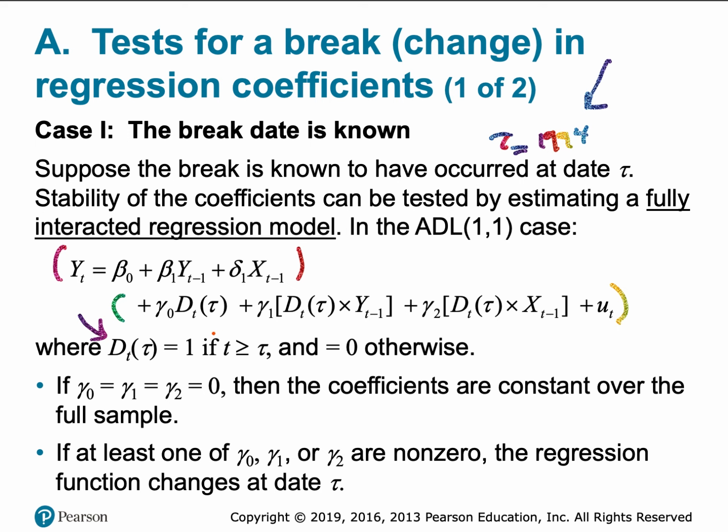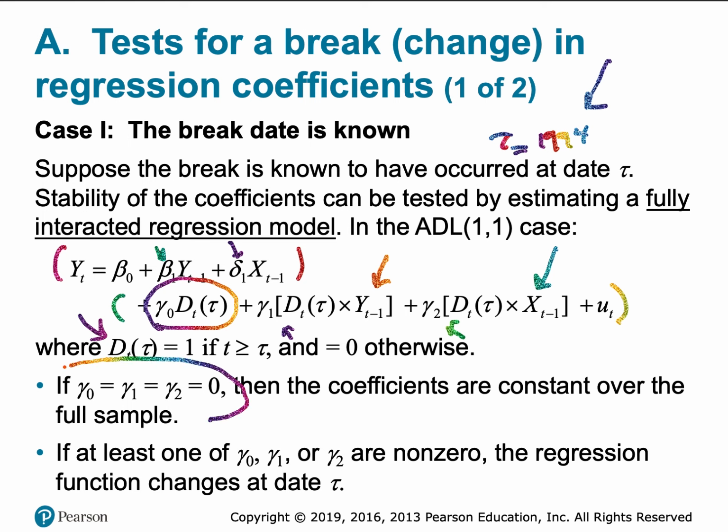So we're going to interact the dummy. We'll have a dummy by itself. We interact the dummy with y_{t-1}, and we interact the dummy with x_{t-1} to see how those coefficients might be different from the delta 1 and the beta 1. If gamma 0 equals gamma 1 equals gamma 2 equals 0, then the coefficients are constant over the full sample.